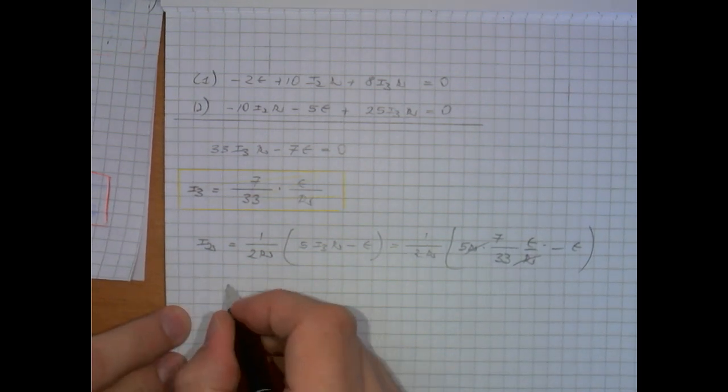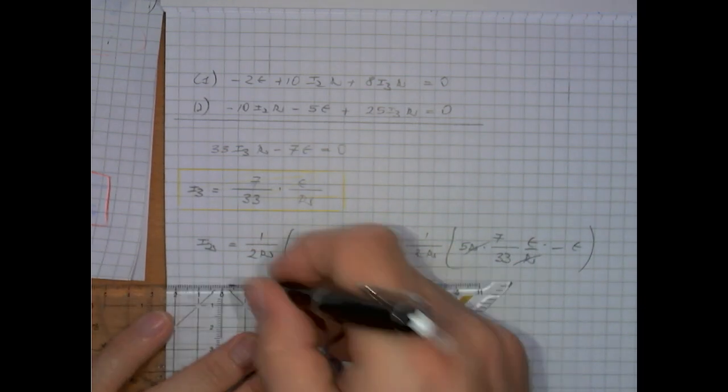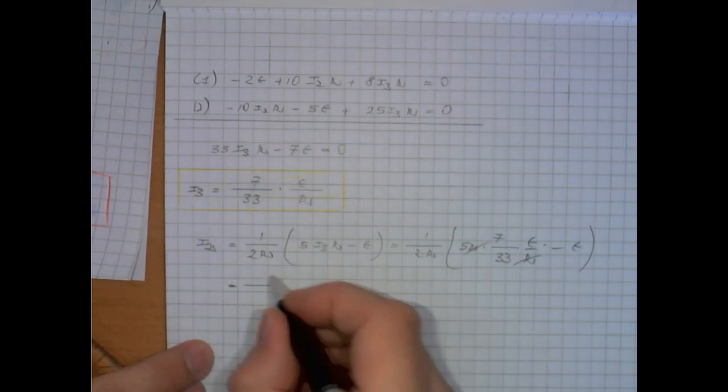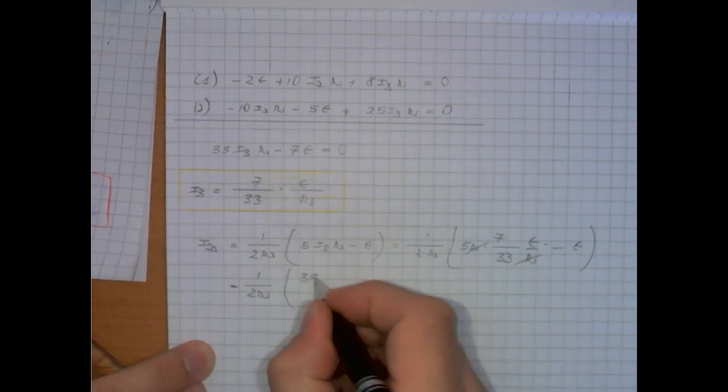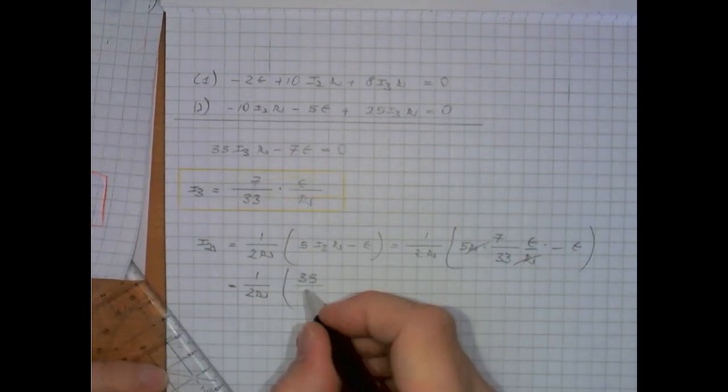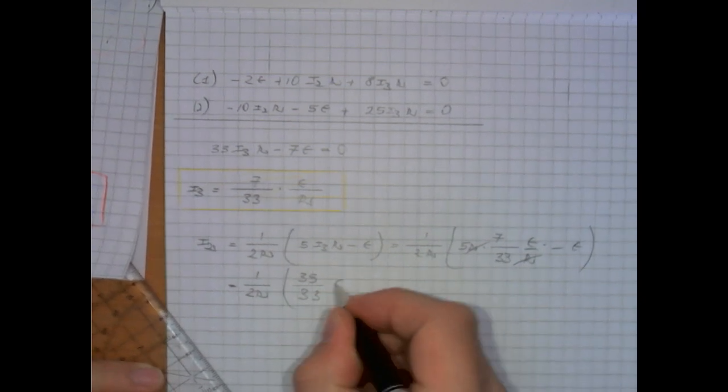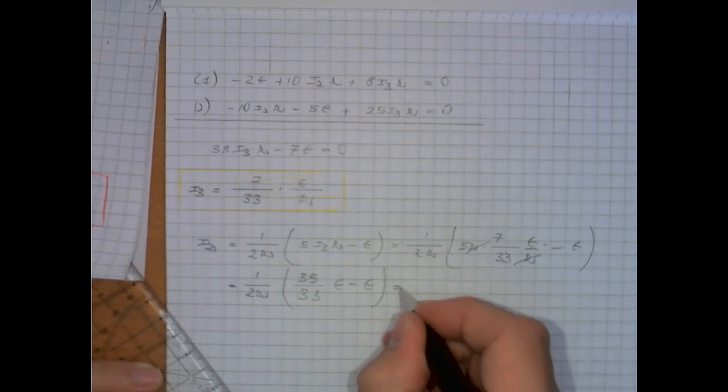So then we have here 1 over 2r, and then we have here 35 over 33 epsilon minus epsilon.